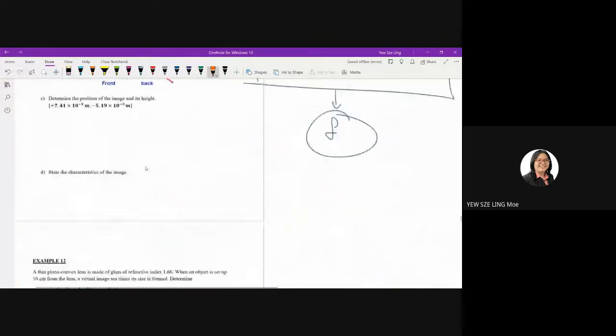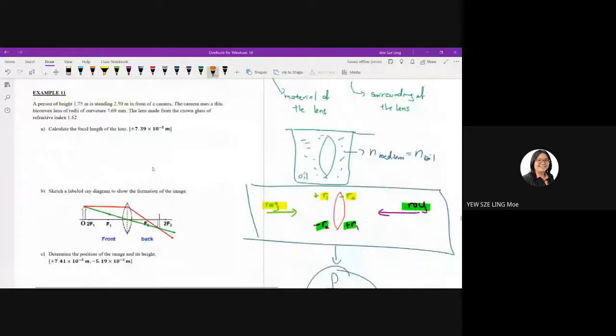So now let us go back to example 11. So how are we going to solve it? A person of height 1.75 meter is standing 2.5 meter in front of a camera. The camera uses a thin biconvex lens of radius of curvature 7.69 mm.